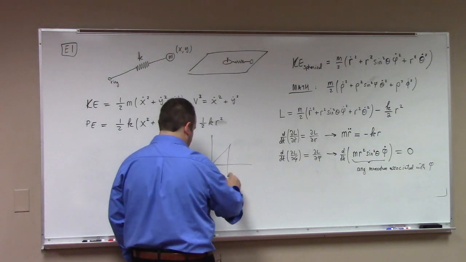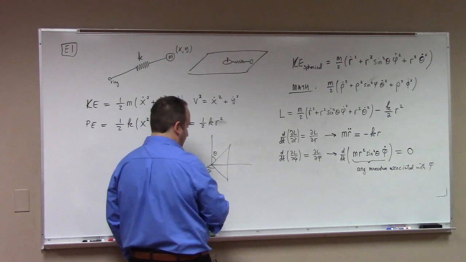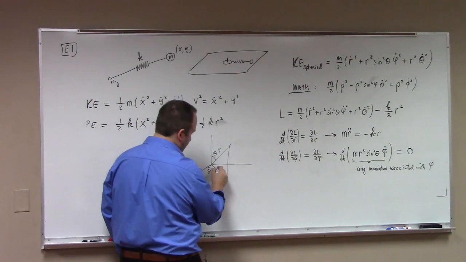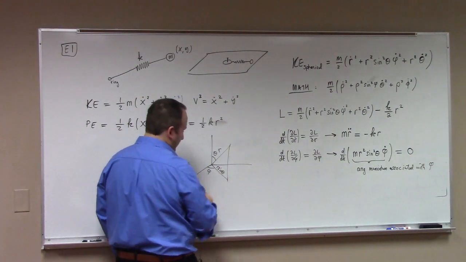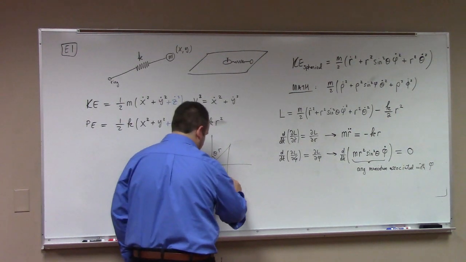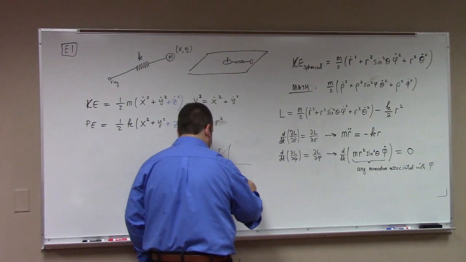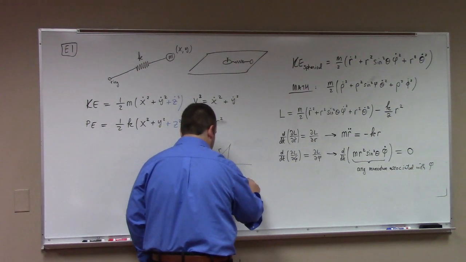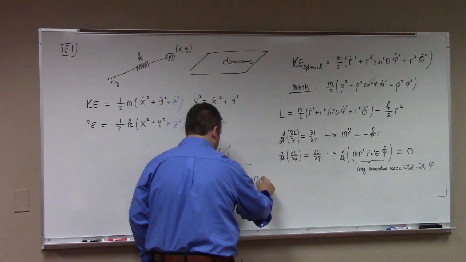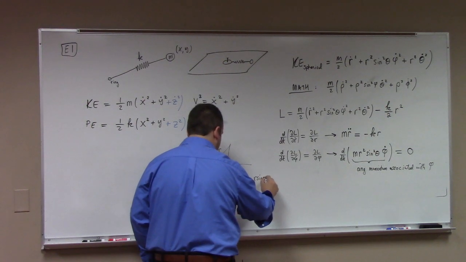And this is theta in this setup, so this is r, and this down here is r sine theta. So as your phi is sweeping like this, your arc length along phi is going to be equal to r sine theta, rather, d phi.